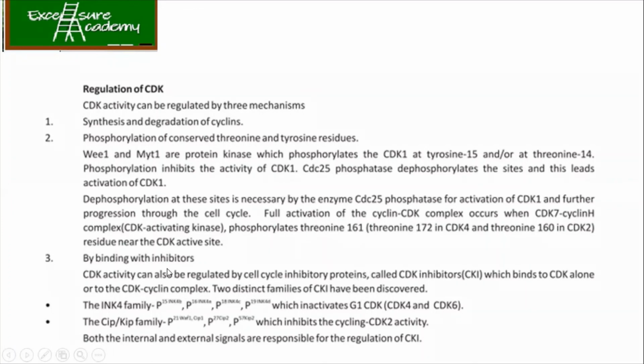Now, if inhibitors bind to these CDKs, the activity can also be regulated. For example, the INK4 family is for your G1 CDK4 and CDK6. CIP or KIP family inhibitors are for your CDK2 activity. So these are the three mechanisms by which CDK activity can be regulated.